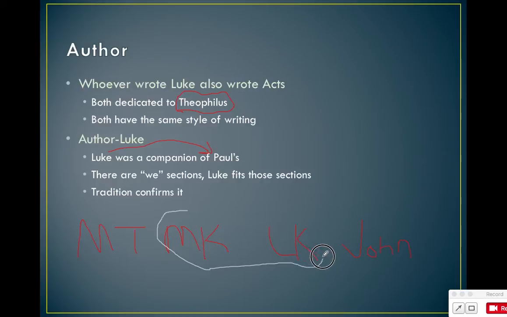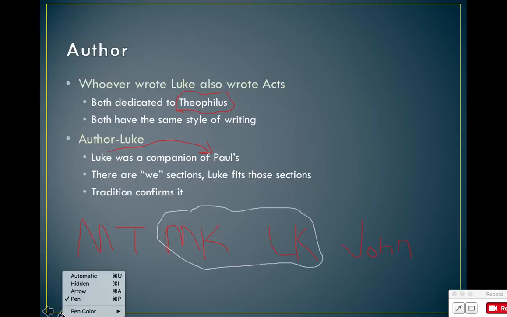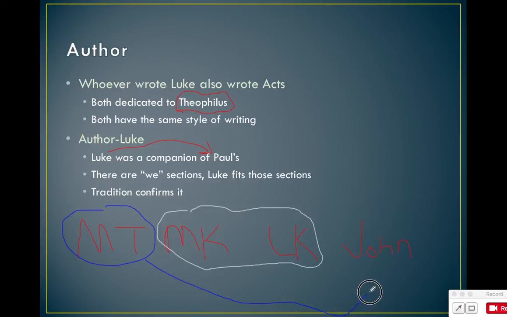Mark and Luke are two gospels not written by one of Jesus' original 12 disciples. On the other hand, Matthew and John are. So we have two gospels written by one of his original 12 disciples, Matthew and John. But Mark and Luke are not.